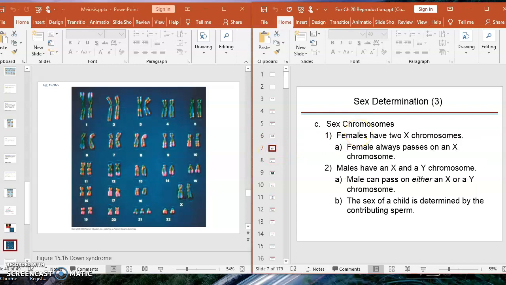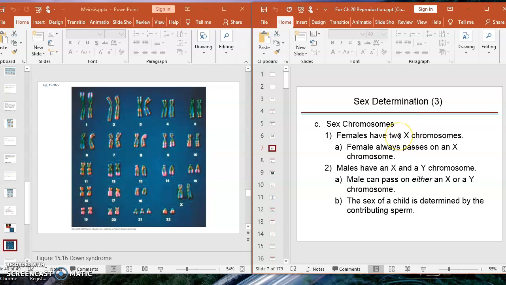The sex chromosomes: females have two X's, okay, and a male is an X and a Y. So in other words, when fertilization occurs, the only possibility the female has is to pass on one of the X's.